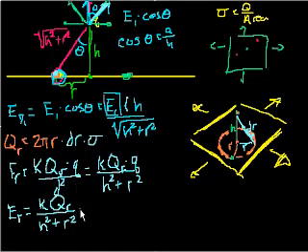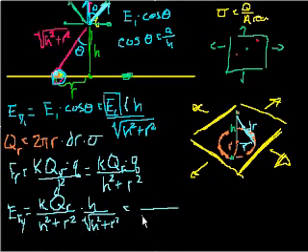So the field from the ring in the y direction is going to be equal to its magnitude times cosine of theta, which we figured out was h over the square root of h squared plus r squared. And we could simplify this a little bit. The denominator becomes h squared plus r squared to the 3/2 power.